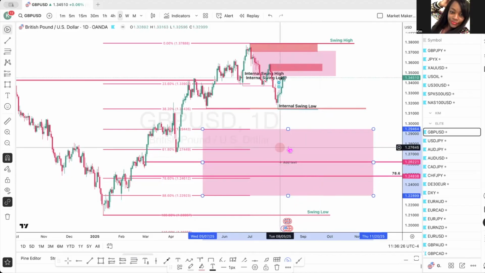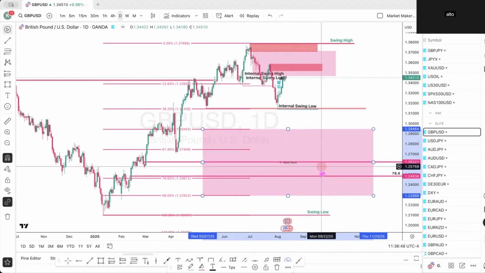But yes, once it gets into this zone, that's when you start identifying more of your internal structure. And when you see a shift in structure, you can trade your imbalance or your order block or demand zone back up to this high.